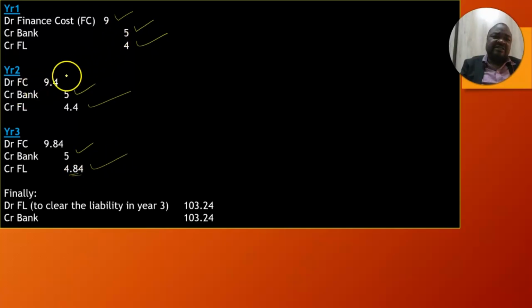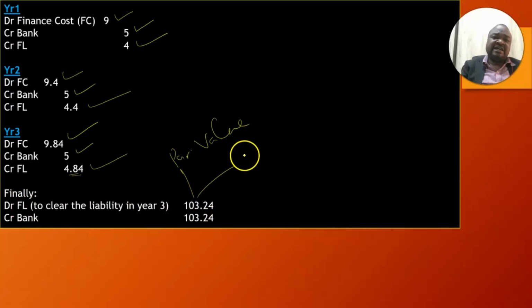Annually, the finance expense, which is the 10% of the balance brought forward, which is the effective interest charge, is an expense in the statement of profit or loss, right? And finally, to clear the liability, we need to debit the liability, which includes both the par value as well as the premium amount, and credit bank, and that would have cleared the liability.